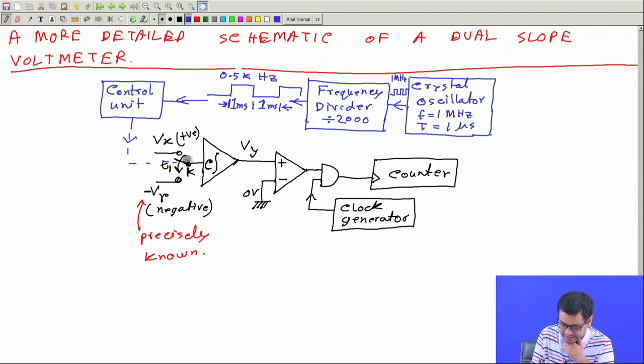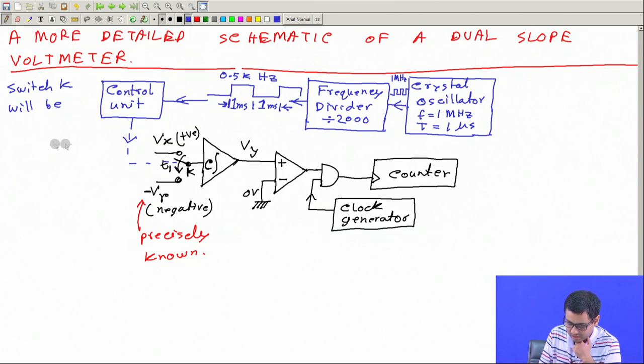So this switch, which is K, switch K will be connected to Vx, that is the unknown voltage, when this signal is high.